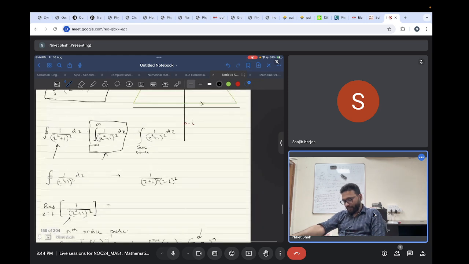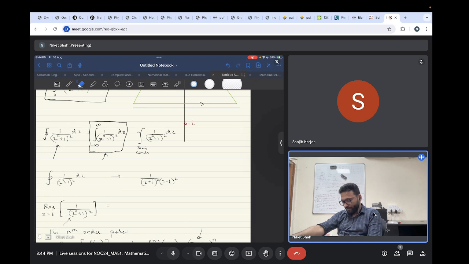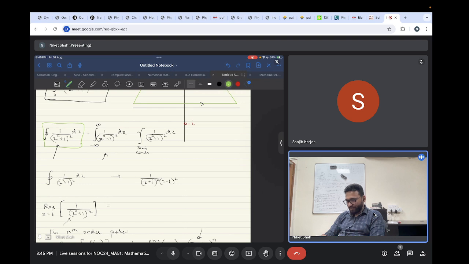Right. Now, this part I have already evaluated. Let's mark it with green to show that this is what we evaluated. This is something that I want, I'll mark this with red. So we have to evaluate now this part, the semicircle part.